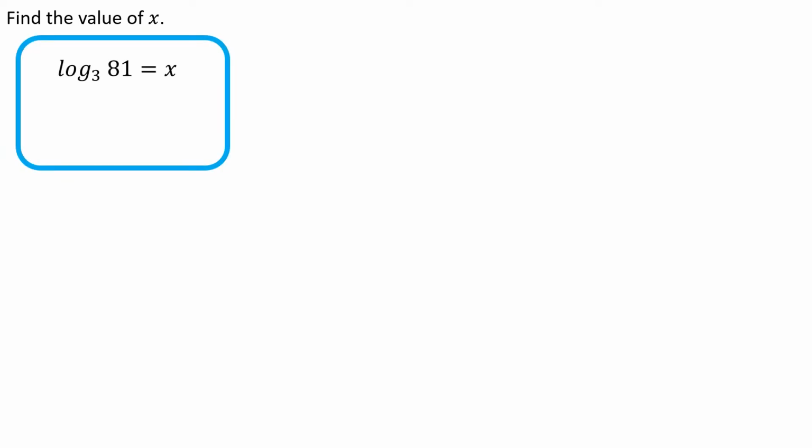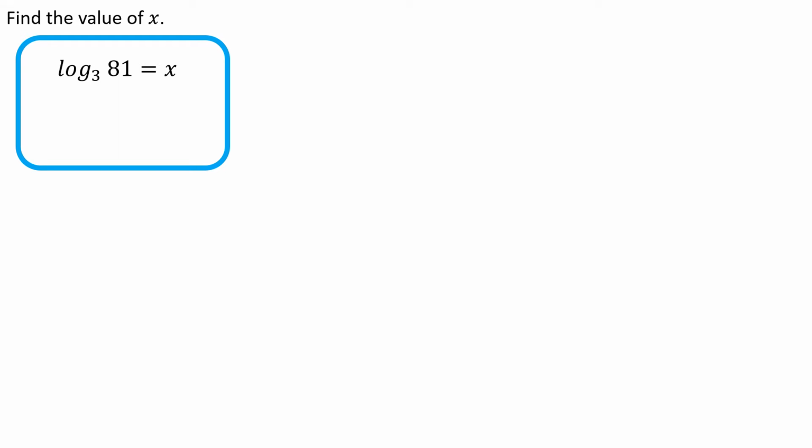Now, as much fun as it is just rewriting them, I love solving equations. Oh yeah, let's solve this equation. Log base 3 of 81 equals x. Now you're probably thinking, hey, you just started teaching us logarithms, and this is really brand new, and I'm not even too sure I fully understand what that means.